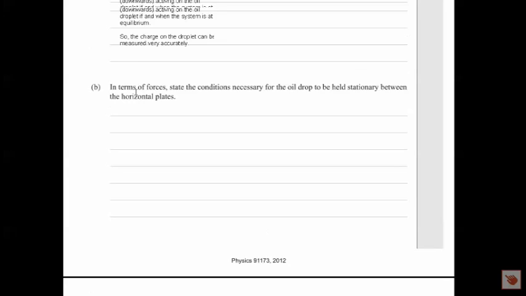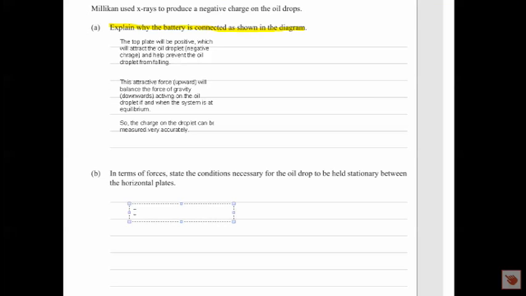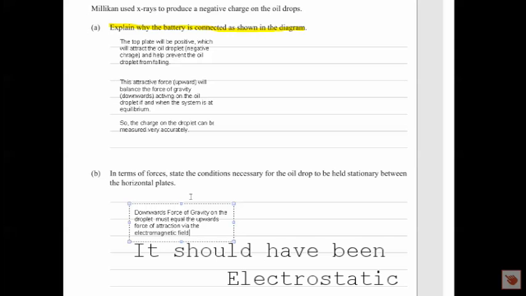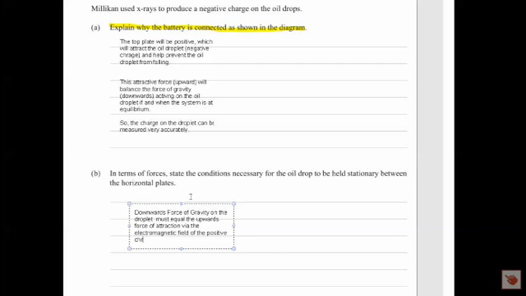Well, we pretty much already answered that, so we're going to need the downwards force of gravity on the droplet must equal the upwards force of attraction via the electromagnetic field of the positive charged plate.